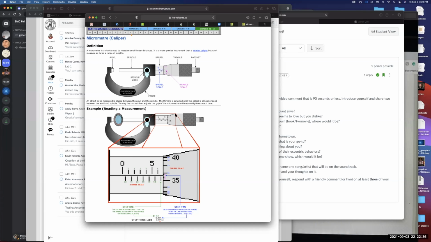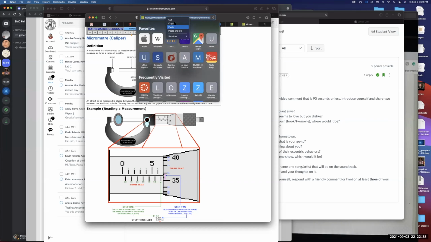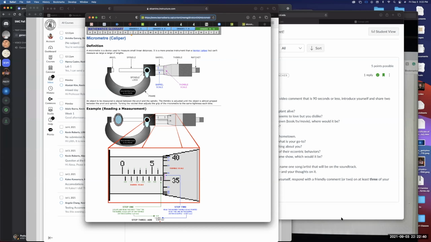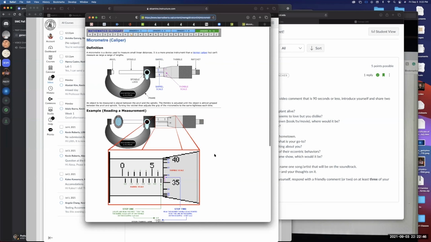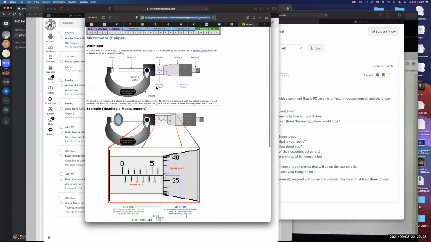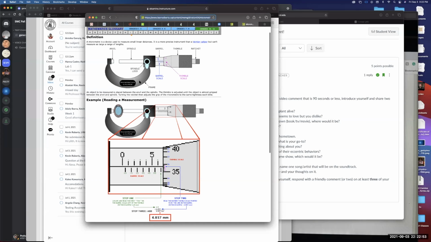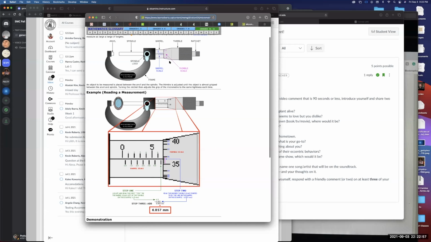And then the other one, how do micrometers work? Let me just copy this and put this in as well. By the way, this is actually vernier micrometers. Yours are not vernier, but I'll show you how they work with vernier. So you have the barrel scale and the thimble scale.